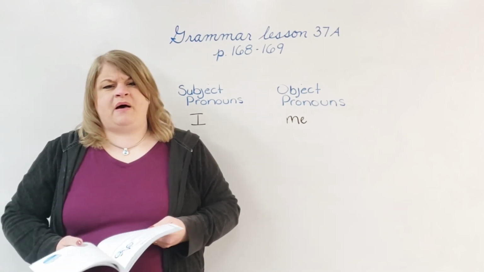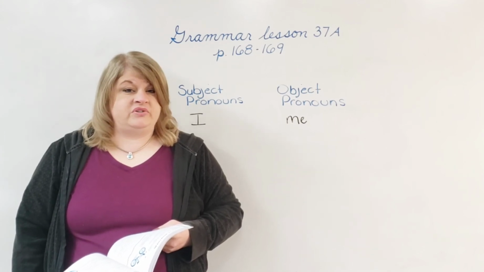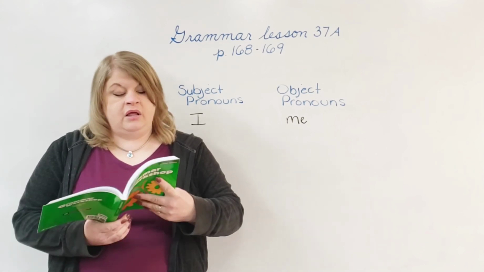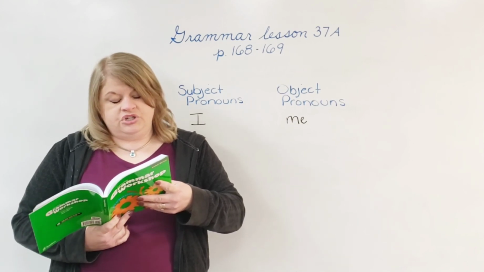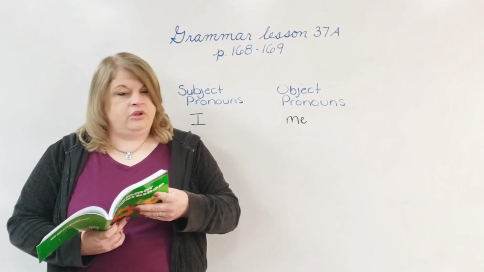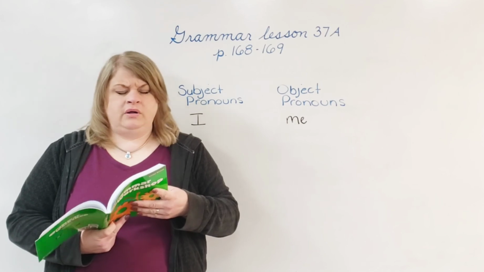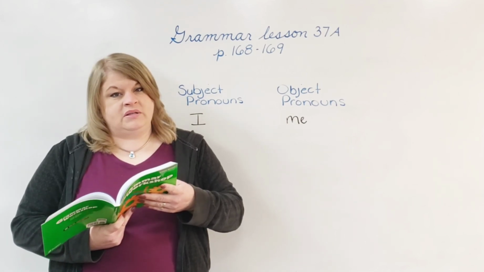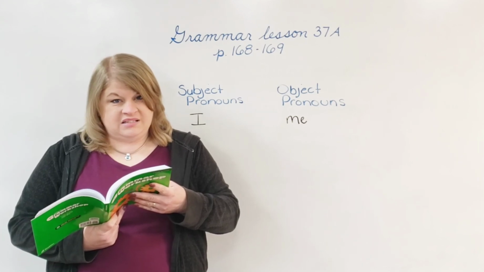If you're confused about which one should go there, take out the other person and listen to it. If you took out my sister and, listen to it. In June, I held a garage sale. You wouldn't say, in June, me held a garage sale. No. If you are confused about what's supposed to be there, take out the other person and listen to it.